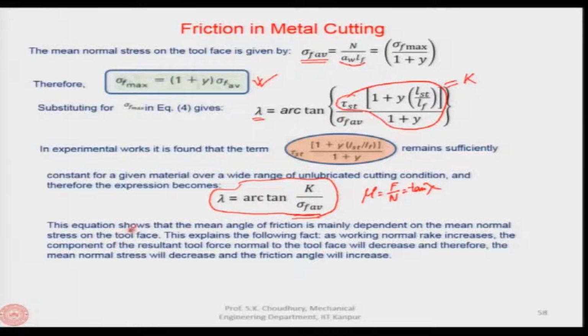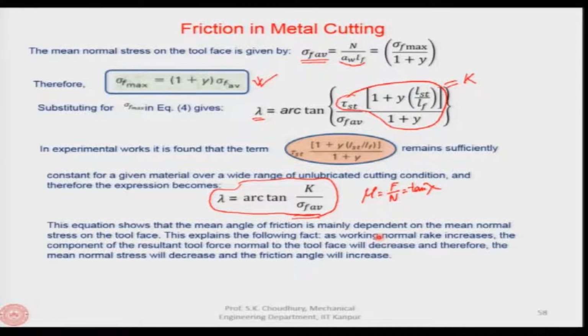So, this equation shows that the mean angle of friction is mainly dependent on the mean normal stress on the tool, sigma f average. This explains the following fact: as the working normal rake, alpha n, increases, the component of the resultant tool force normal to the tool face will decrease.